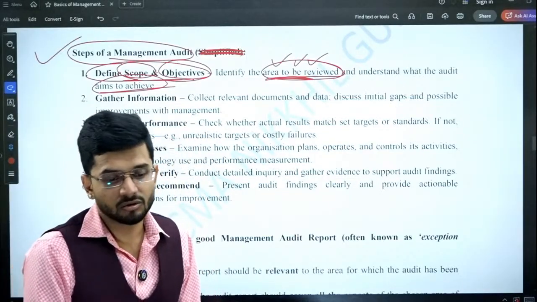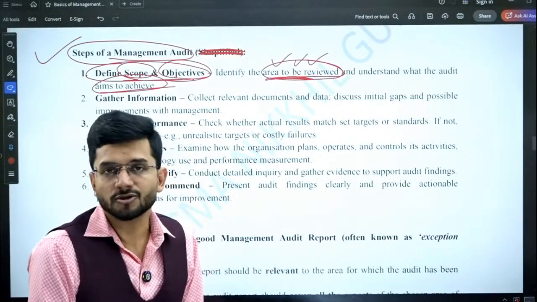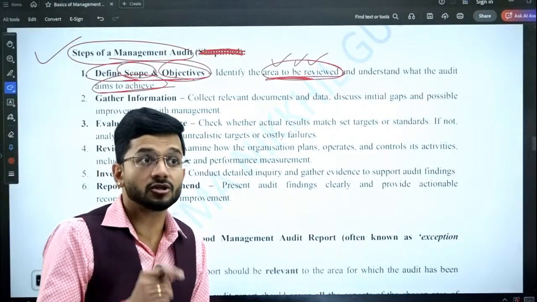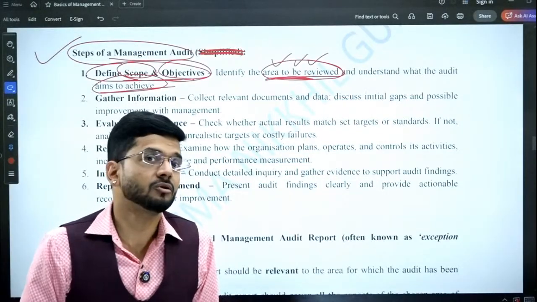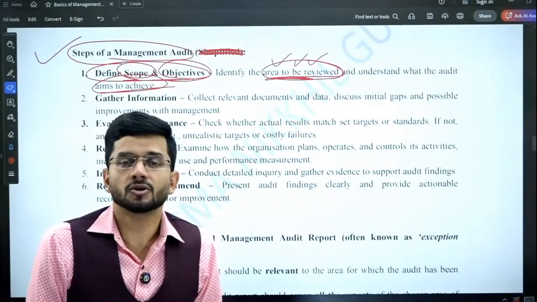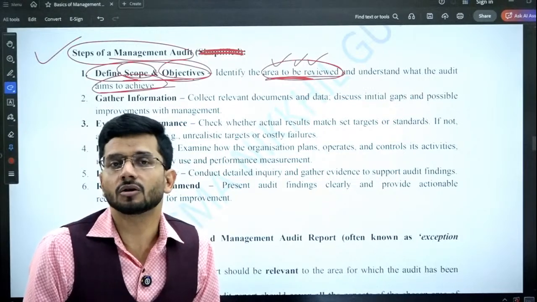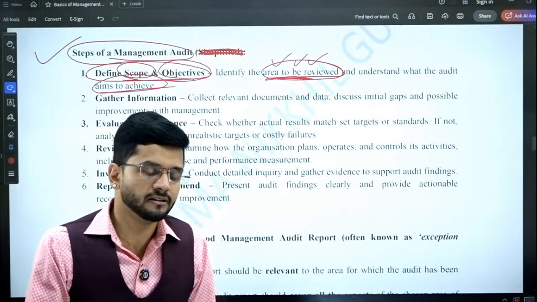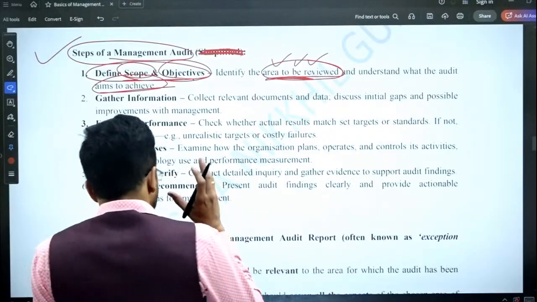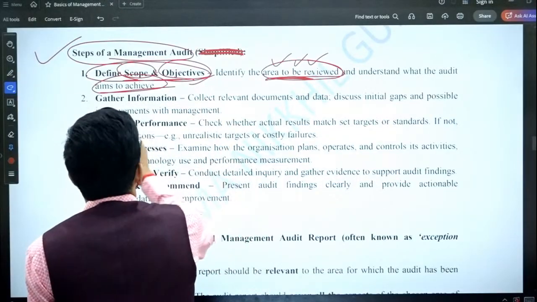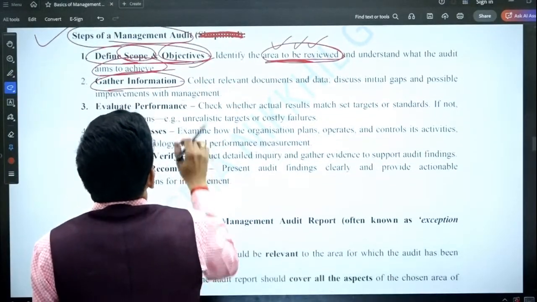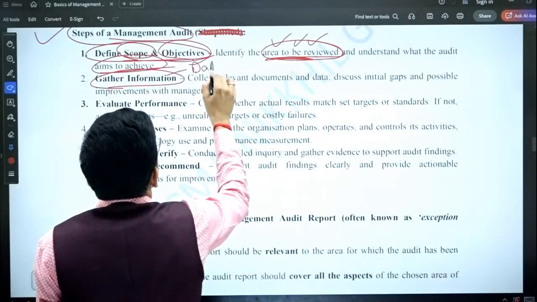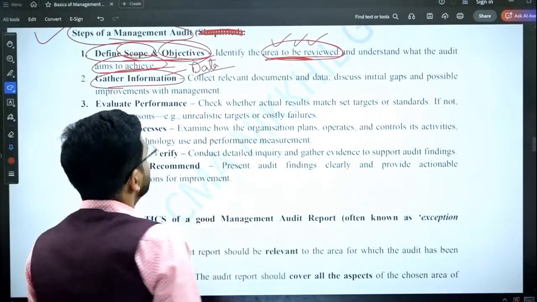Whether management is strictly adhering to the statutory obligations or not, whether TDS is being deposited by the 7th of the next month or not, whether GST is being deposited by the 20th of the next month or not. So these kind of clearly defined goals are to be ascertained by you before you start the audit.